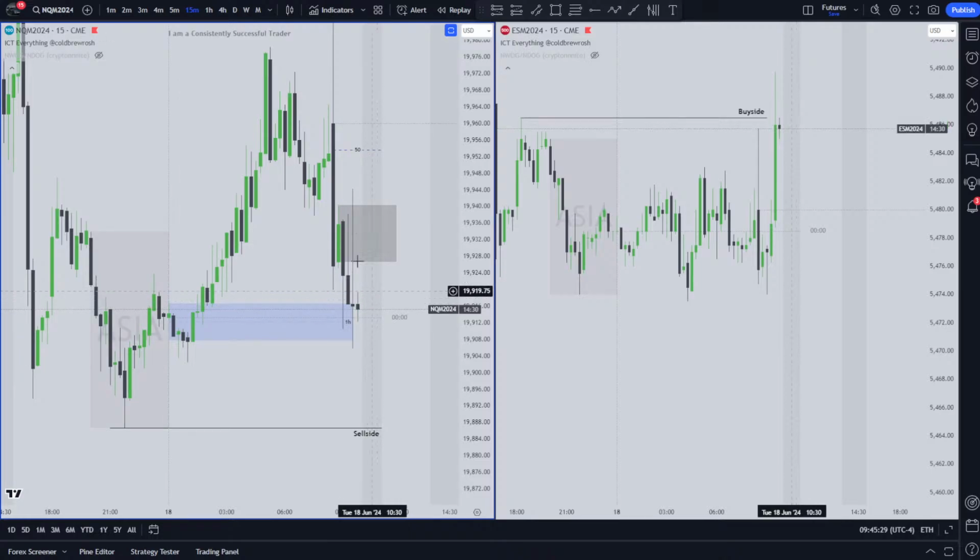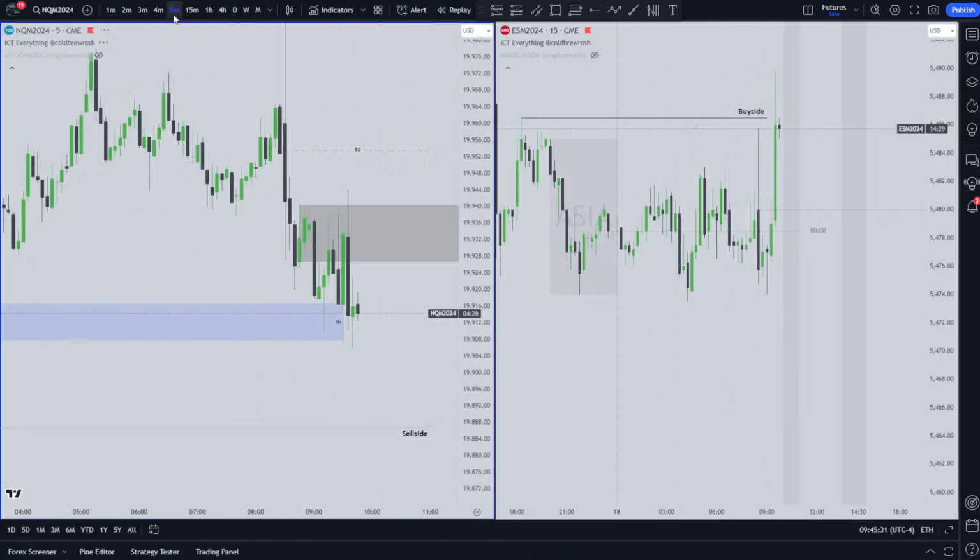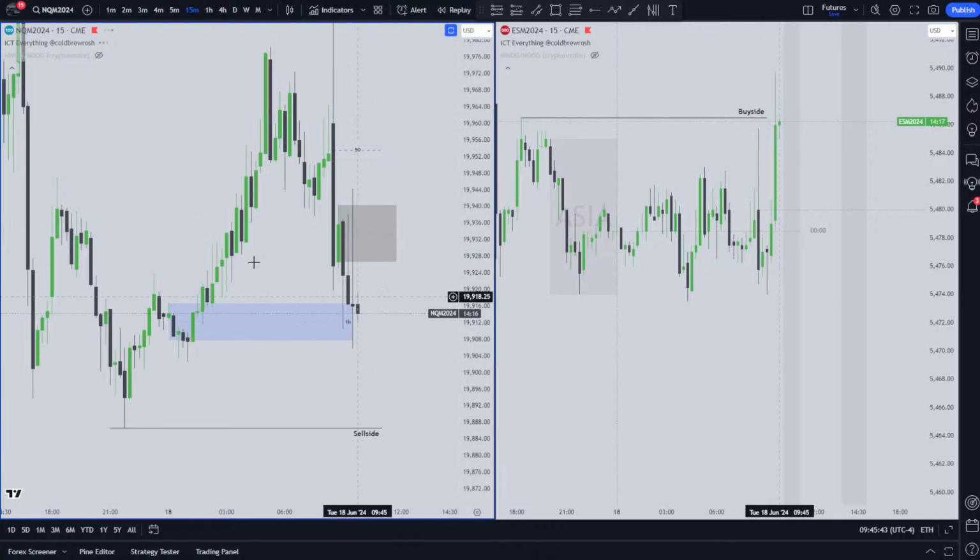Or, because what have we had here? If we go onto the 5 minute, we've had quite a solid balanced price range. So we likely shouldn't see a retracement back into there now, since it's already provided fair value for buyers and sellers.